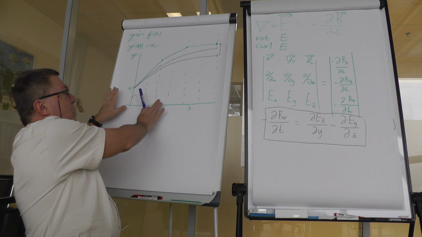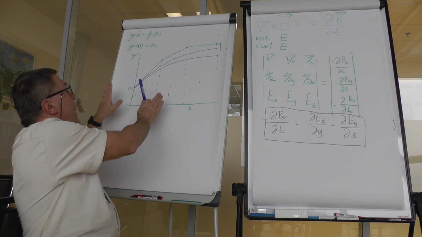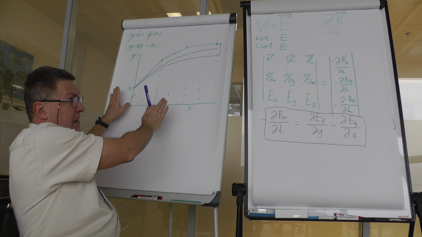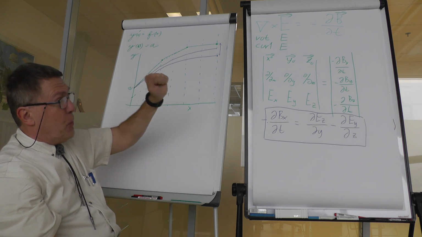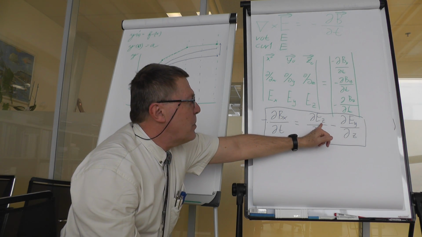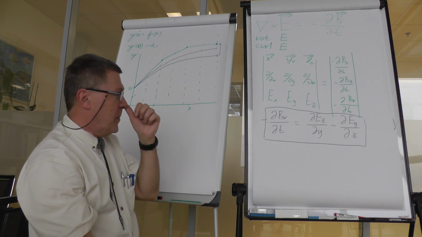So switching back to the Euler's method, we are able to get the time derivative of the function if we know the distribution of Ez and Ey.